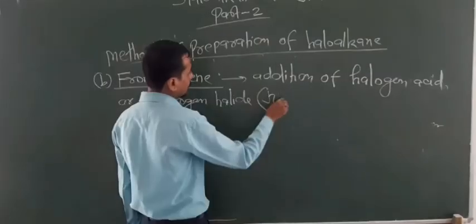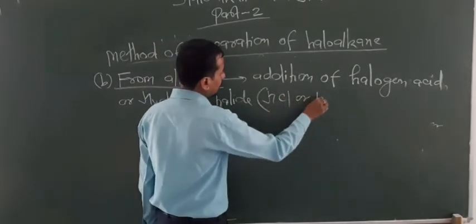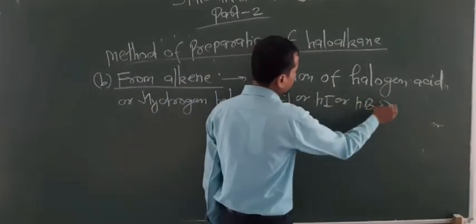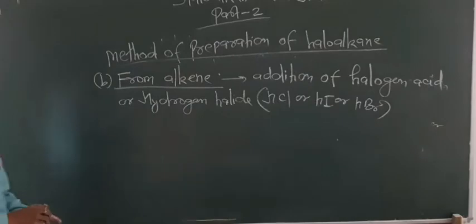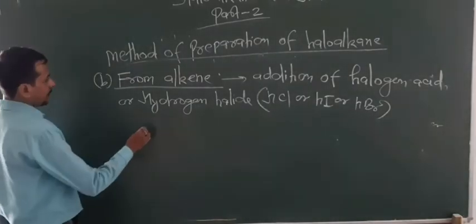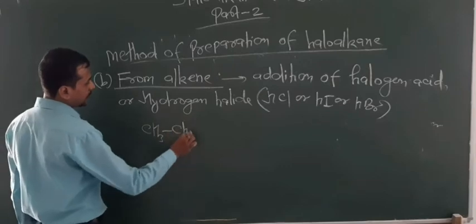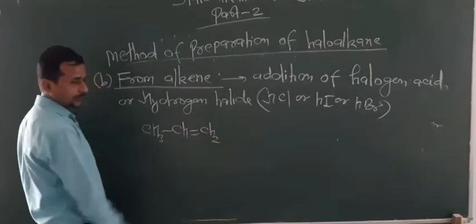That may be HCl or HI or HBr. So now look at the conditions in case of addition reaction. So CH3-CH=CH2.